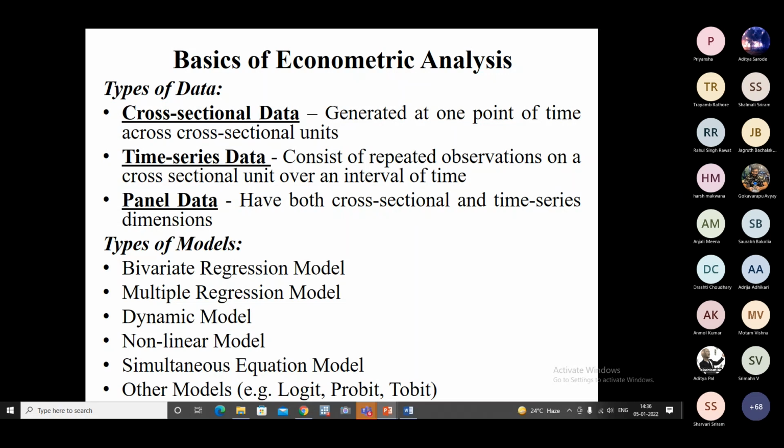Then we need to apply a different method of estimation. Dependent variable is no longer continuous. It's binary. These are basically known as limited dependent variable models. There are many other examples of limited dependent variable models.